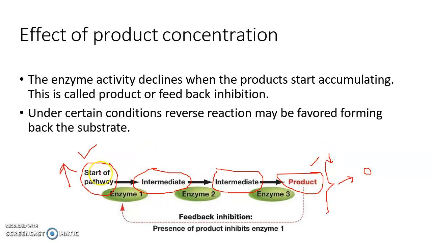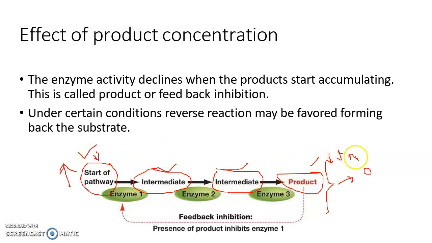After some time, during the enzyme action, intermediates are formed, and the product concentration slowly increases due to the conversion of substrate in the presence of enzyme. So the product concentration slowly increases and the substrate concentration slowly decreases.